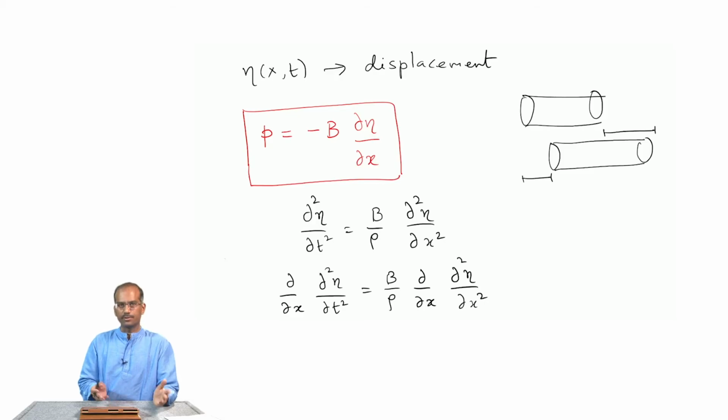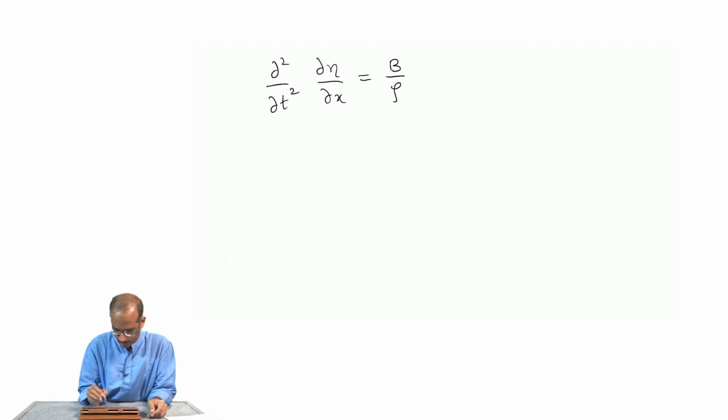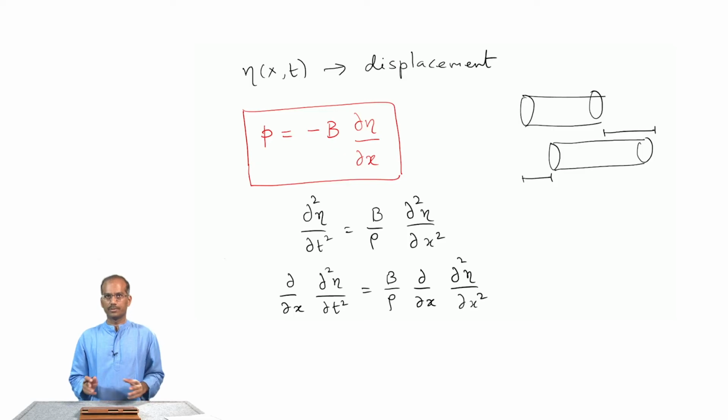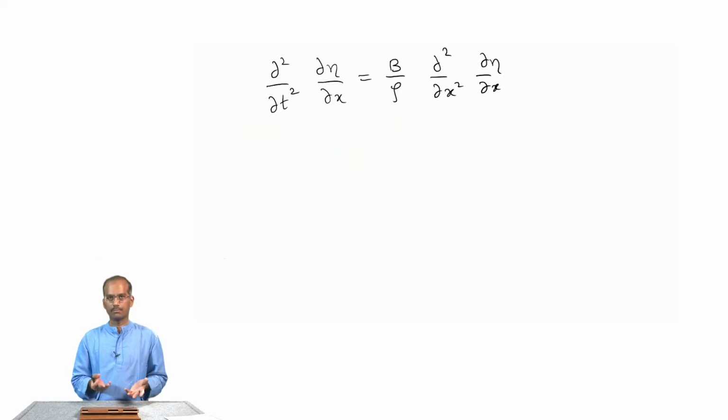On the left hand side, we will exchange the derivatives. So, I am going to rewrite it as dou square by dou t square of dou eta by dou x equal to B by rho, and again do an exchange of derivatives. This kind of exchange of derivatives is a mathematically allowed operation.